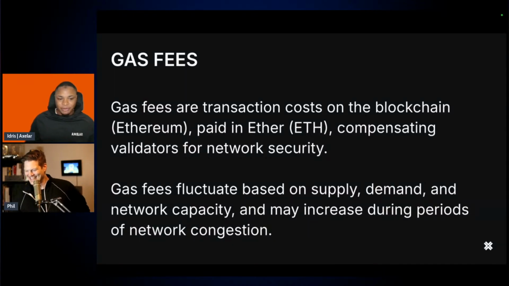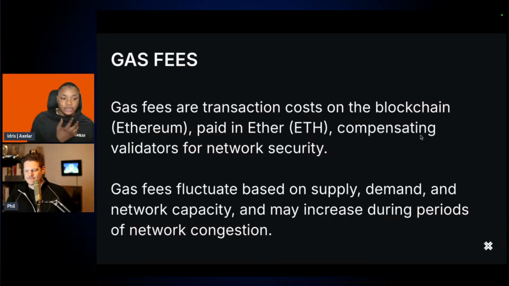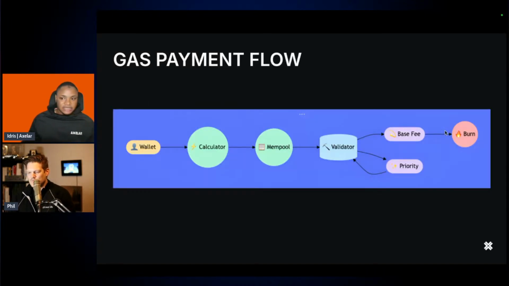Yes, thank you very much. Now let's look at a typical gas payment flow and what it looks like from the user perspective, through calculating the gas, and also when the transaction enters the mempool, validators, and all of this process. This is a visual representation I created to explain the whole flow, starting from the user wallet.